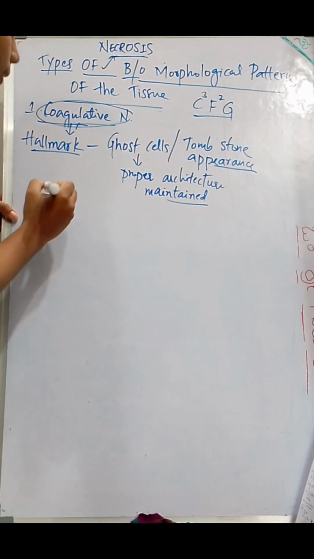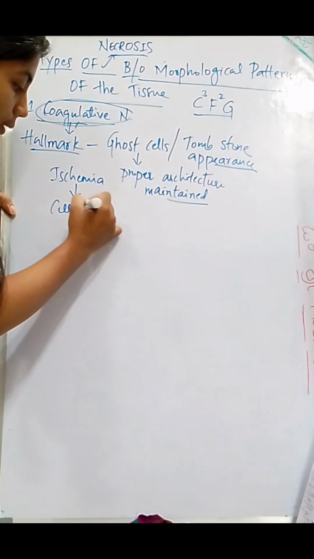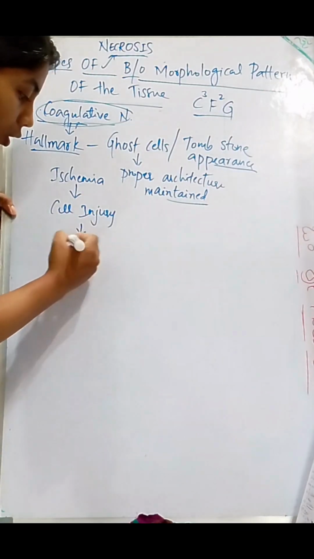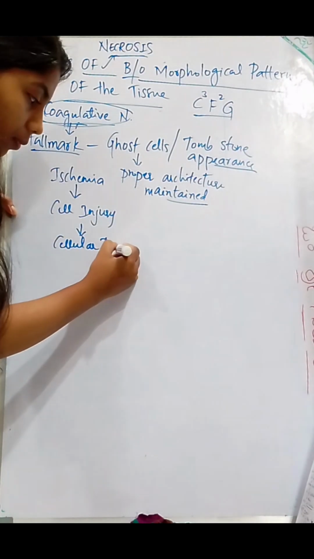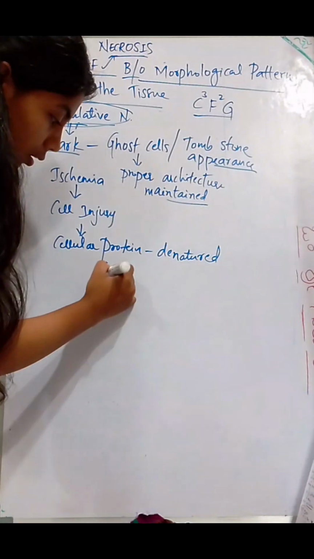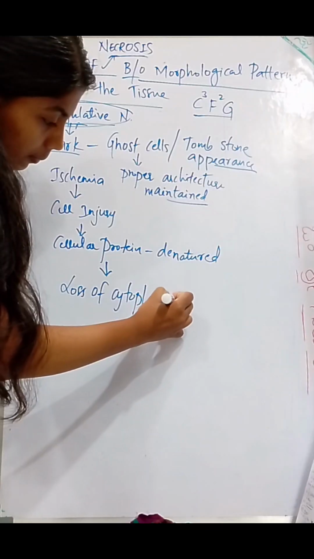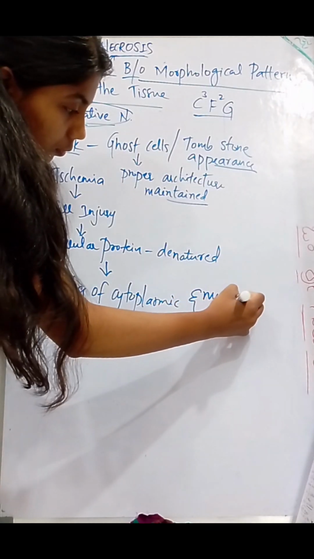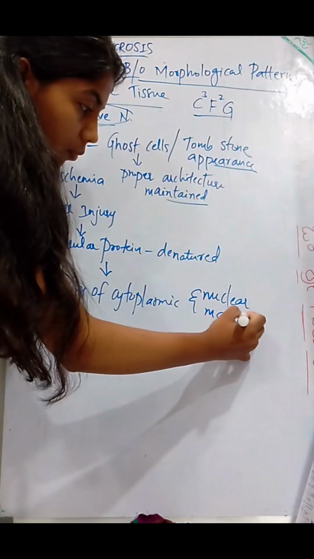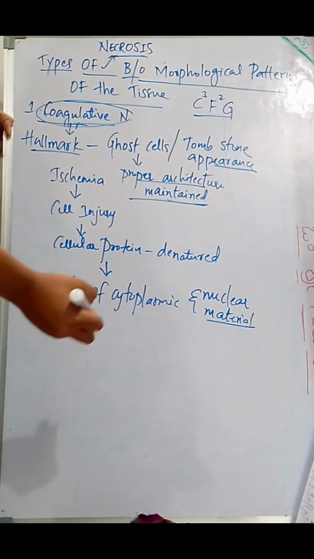This type of necrosis is caused by ischemia. The ischemia causes cell injury. The cell injury causes the cellular proteins to get denatured, and this causes the loss of cytoplasmic and nuclear material. But the thing to note here is the architecture of the cell is maintained.